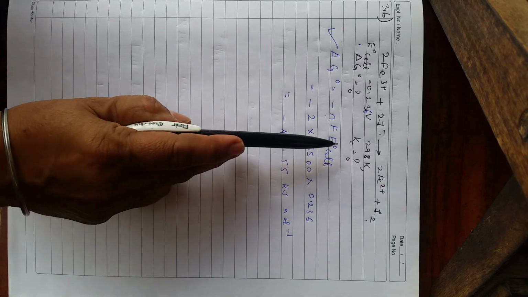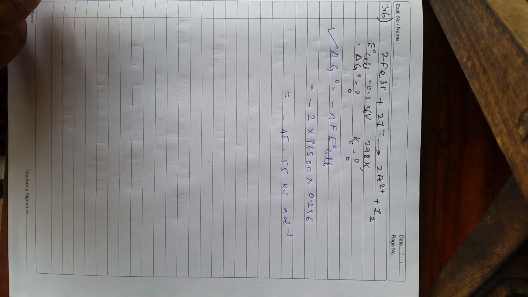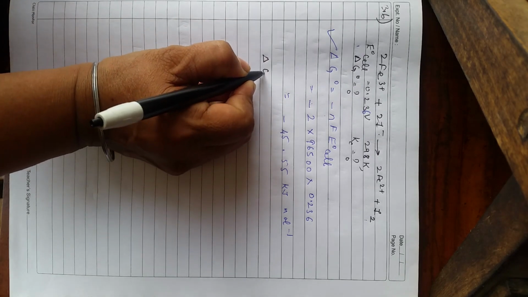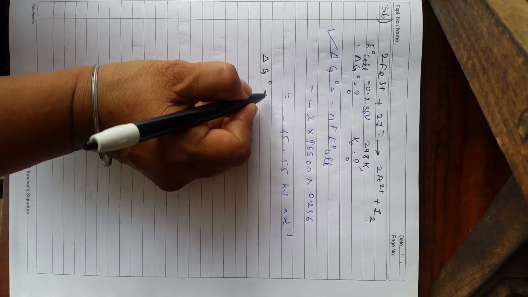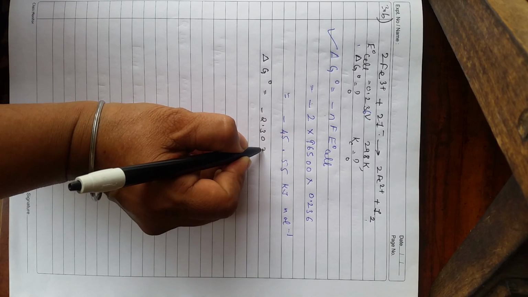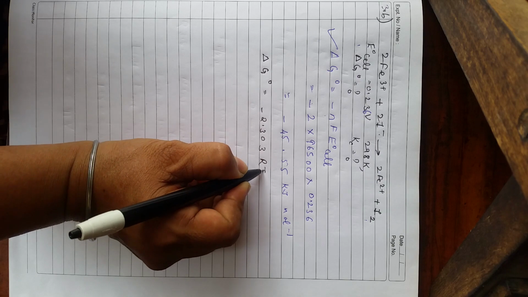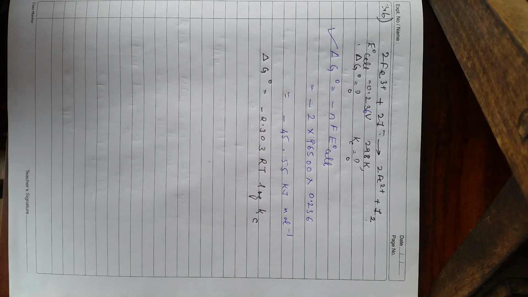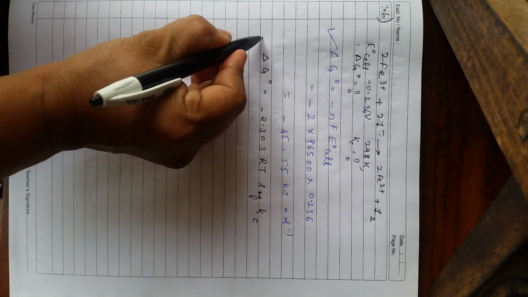The next part says we need to calculate Kc. To solve Kc, we should be using the relation delta G naught is equal to minus 2.303 RT log Kc. We know delta G naught.